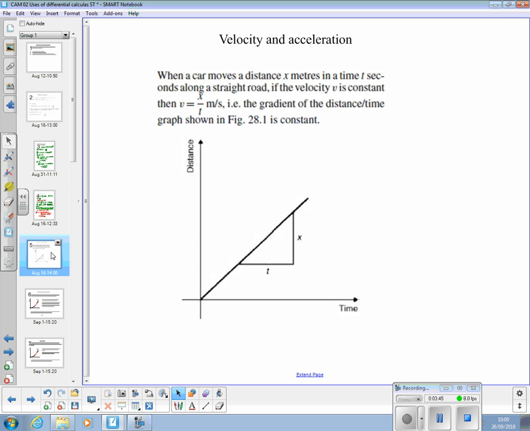So if we've got constant velocity, what we're looking at is that velocity is x over t. Change in x position divided by the change in t time. So if that's meters and that's seconds, we've got a velocity in meters per second.